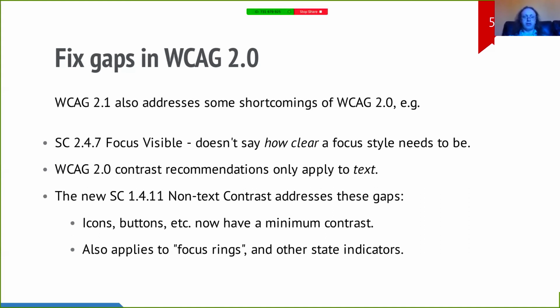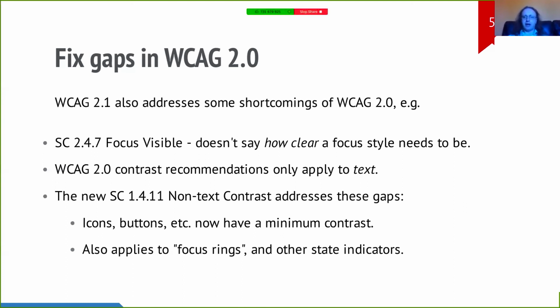And in another place, WCAG 2.0 has some recommendations about color contrast, but this only applies to text. And so in WCAG 2.1, we have this thing called non-text contrast, and it attempts to plug both of those gaps.